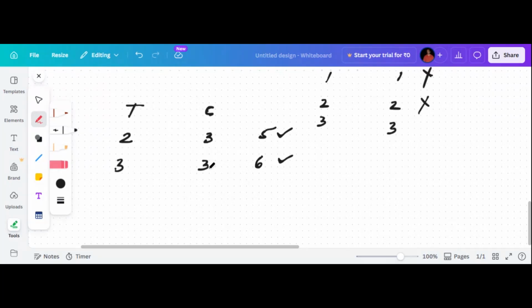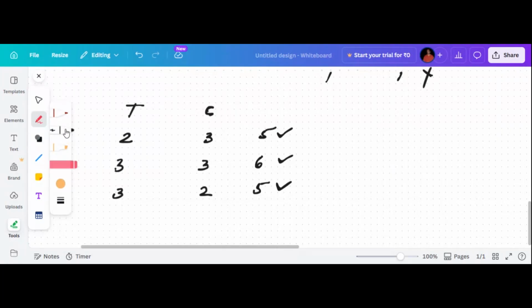Acceptable. Tom can win 3 matches, Clara can win 2 matches. Total 5. Again acceptable. These are the three possibilities that agree with the condition. So let's find the probability.